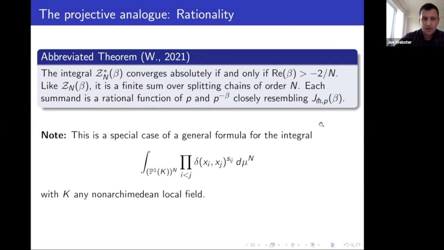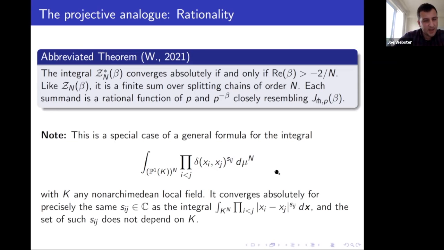Sort of analogously to what I said before, you can do the same exact procedure with QP replaced by any non-Archimedean local field that you like. And you can change the beta to be a different Sij on each of these factors here. So again, you can think about the case where the gas has charges of different values throughout.